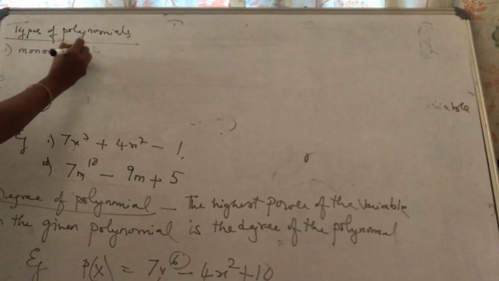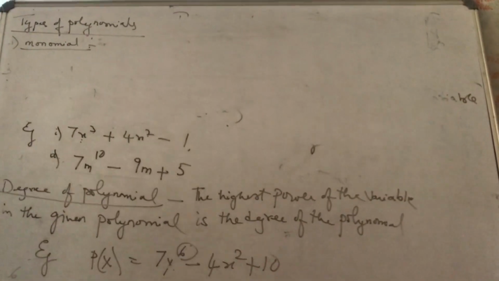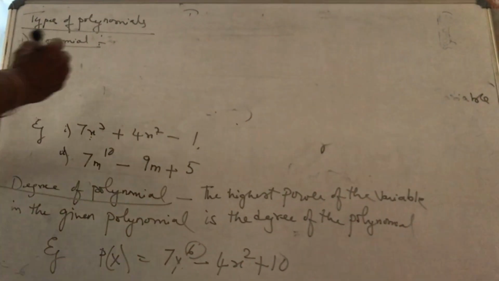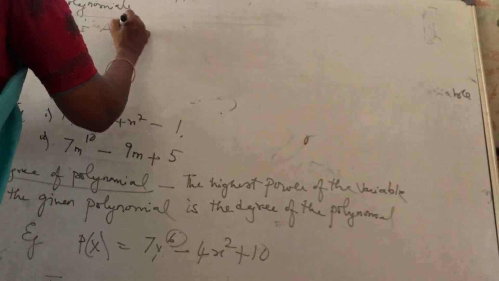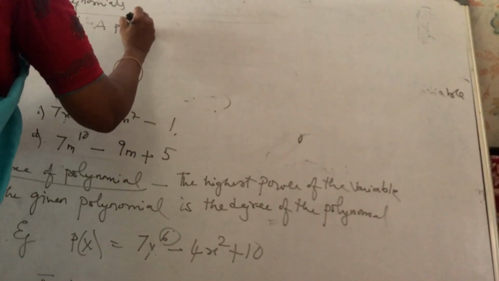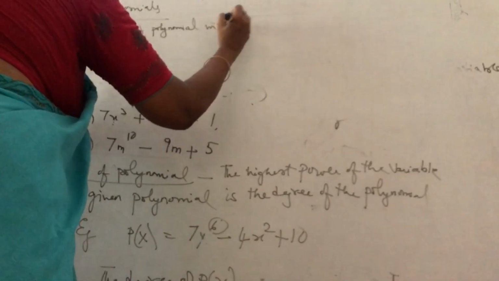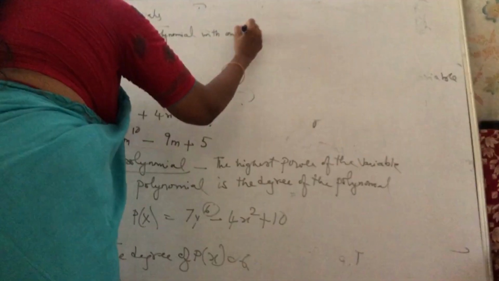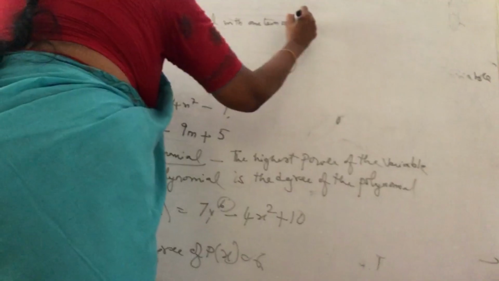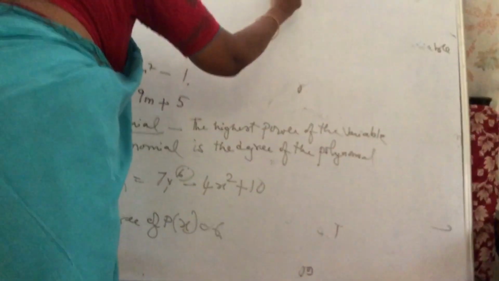Monomial means what? Mono means one term. A polynomial with one term is a monomial.